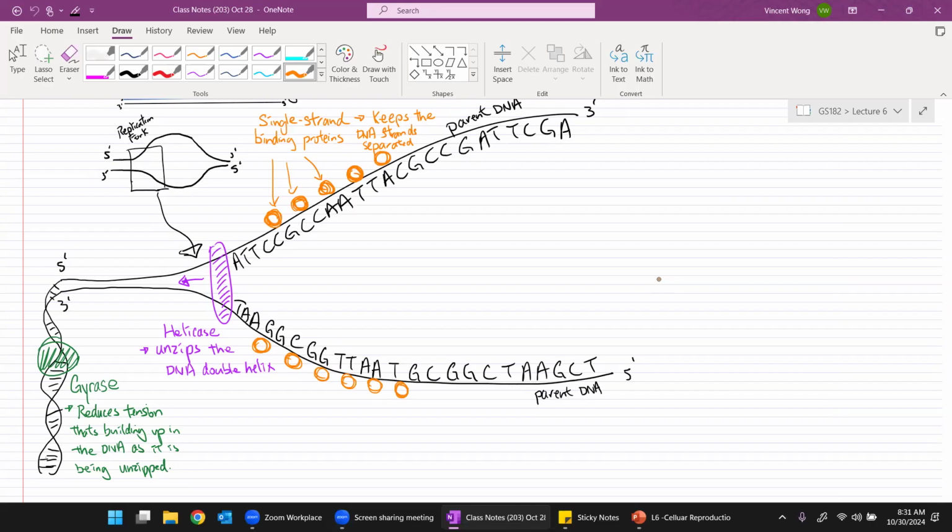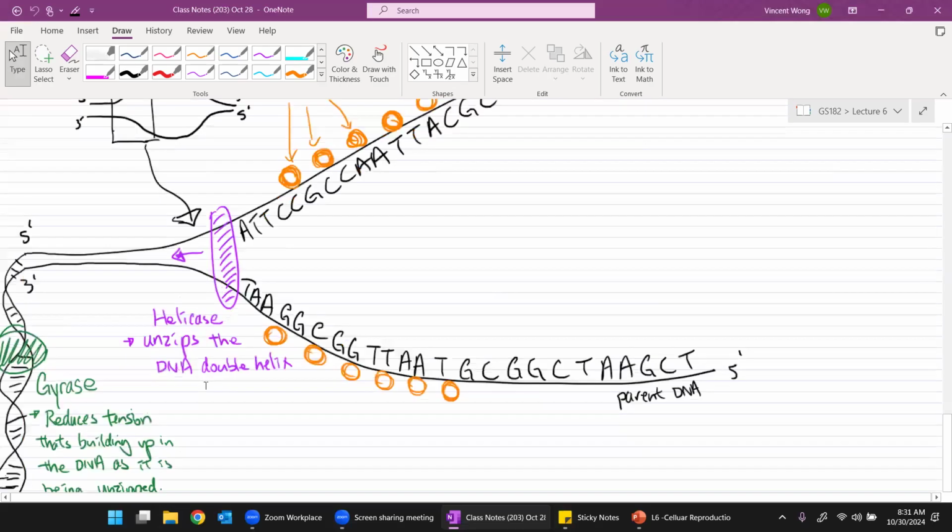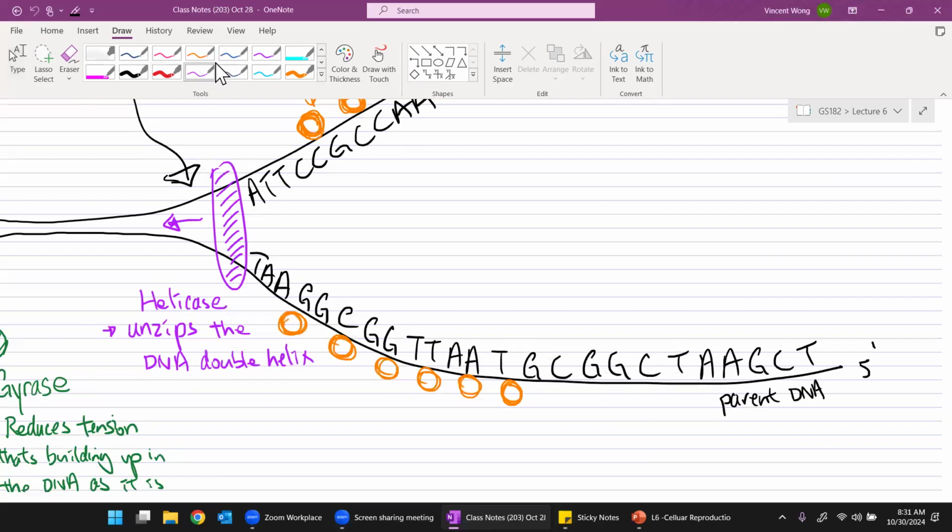So to create the replication bubble, you need to have the purple enzyme right here. And that is called helicase. It unzips the DNA double helix, and expands the replication bubble.